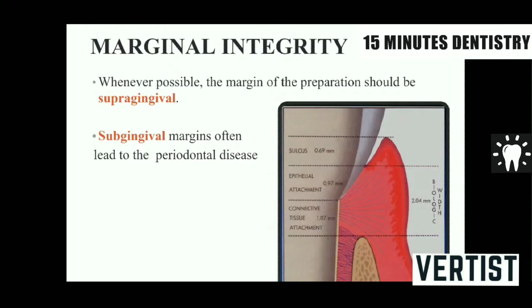That means in some situations you even want to increase the length of the particular tooth structure because you feel that the amount of tooth which is available to you is less. So we may tend to take the margins somewhat subgingivally so that we can get a better amount of tooth structure to provide retention and resistance.